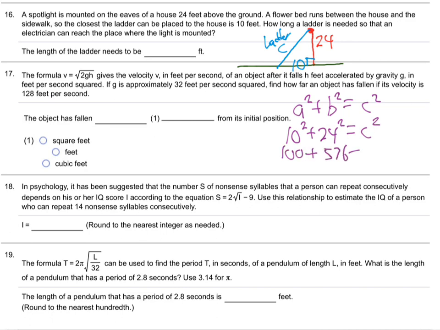It's 676. Is that rootable? Does that come out nice? Then you square root both sides to get C. Is that rootable? Oh, yeah, it's just 26. Boom. That was nice.